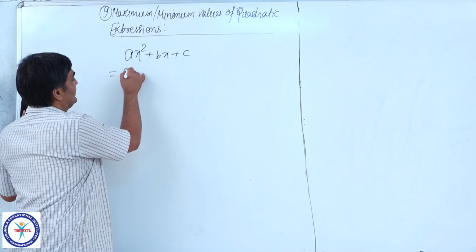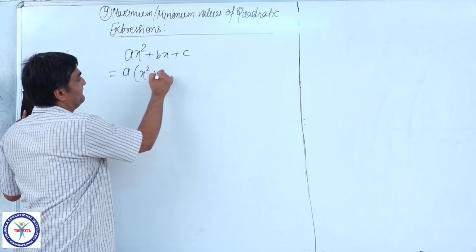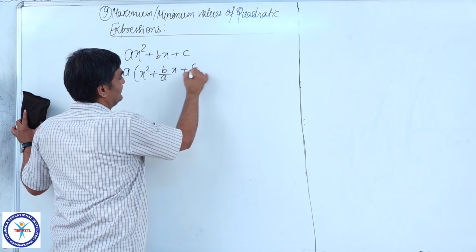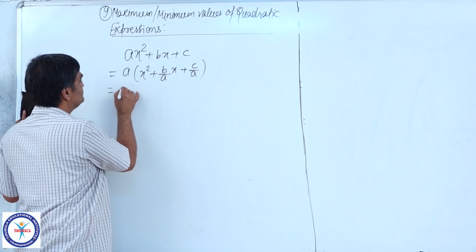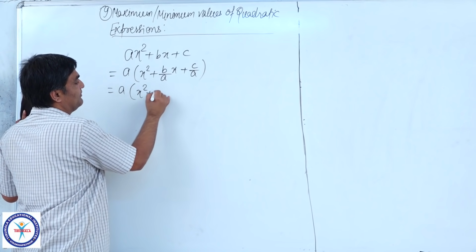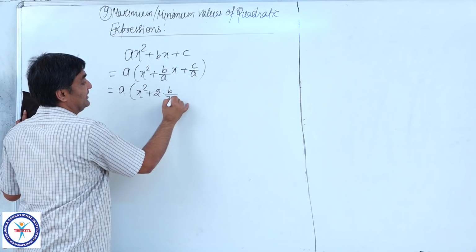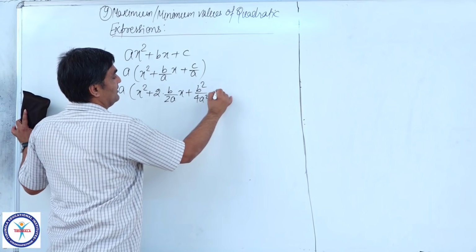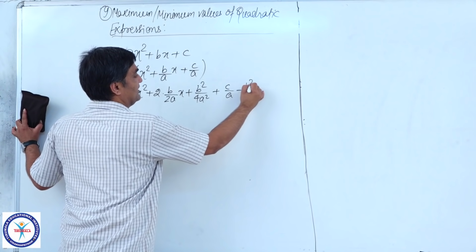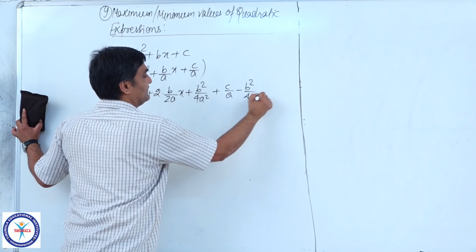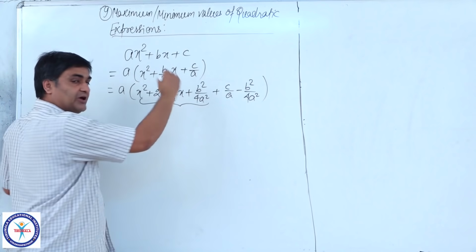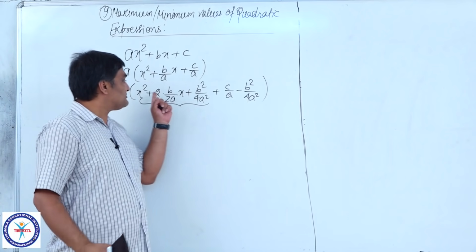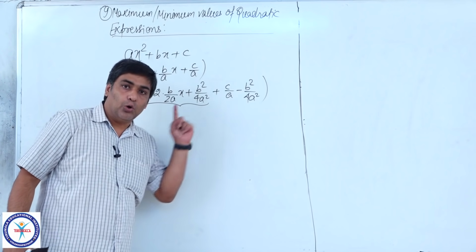So, we can write a times x square plus b by a x plus c by a, x square plus 2b by 2a x plus b square by 4a square plus c by a minus b square by 4a square. If we observe this, this is nothing but x plus b by 2a whole square.